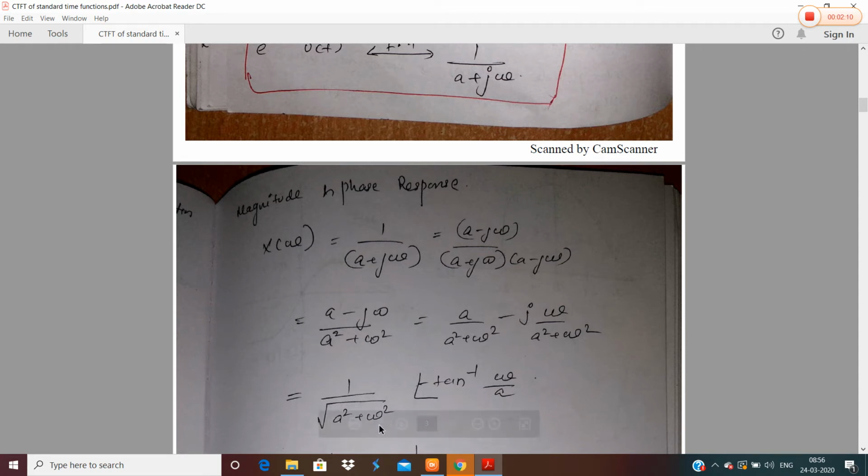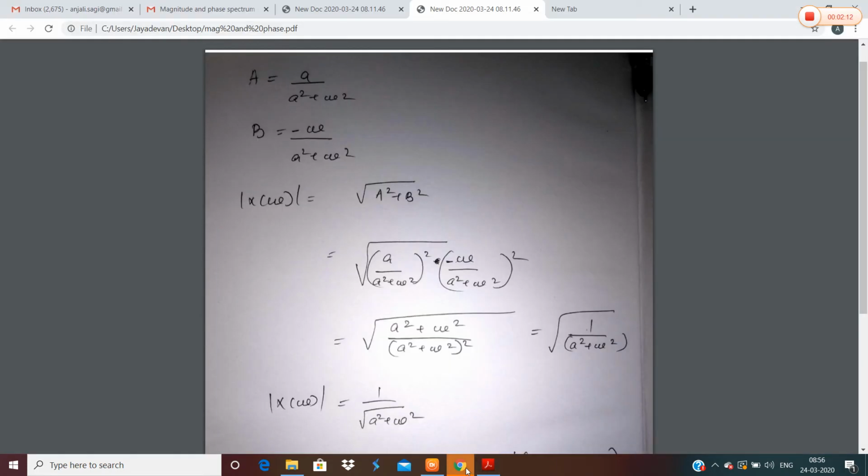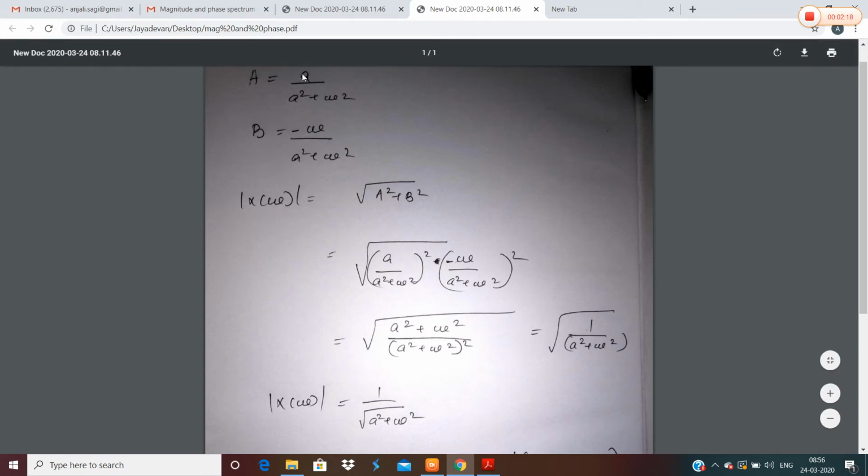So this is your a, the real part, and this is your b, the imaginary part. Next step, we'll find out mod X of omega for magnitude spectrum, root of a square plus b square, where a is a by a square plus omega square and b is minus omega by a square plus omega square. On solving, we'll get mod X of omega is root of a square plus omega square by a square plus omega square whole square, which is equal to root of 1 by a square plus omega square.